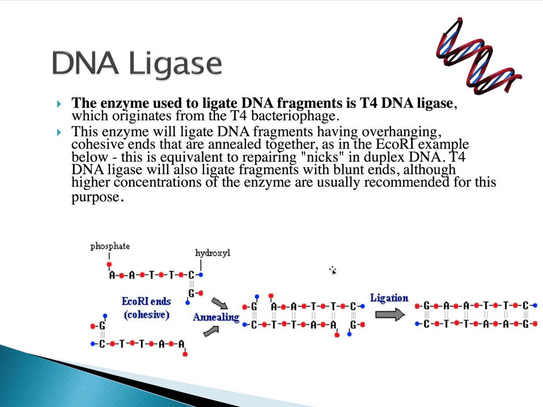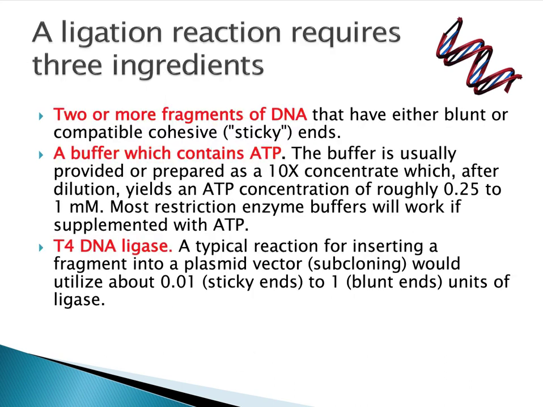This is the T4 DNA ligase, one of the ligases we use most frequently in the lab, and in this reaction it is annealing an EcoR1 sticky end. Both DNA fragments have the same end, so it will be an easy reaction, as you see with the hydroxyl group and the phosphate group, and it's able to ligate together those two ends.